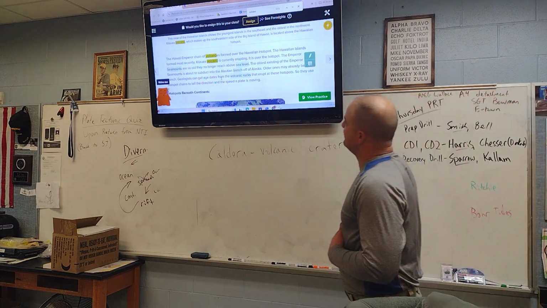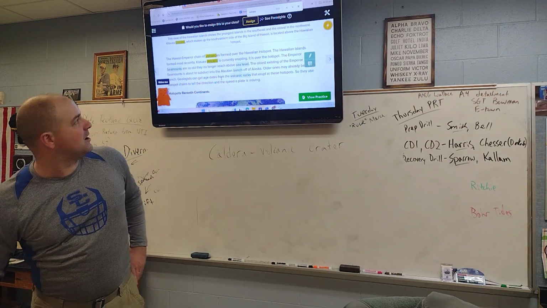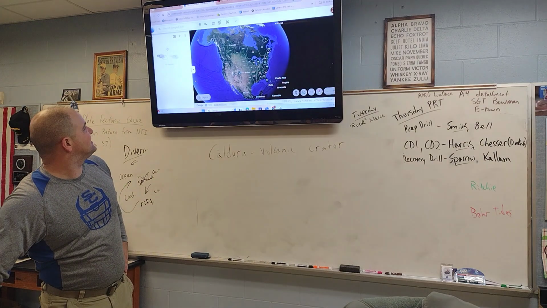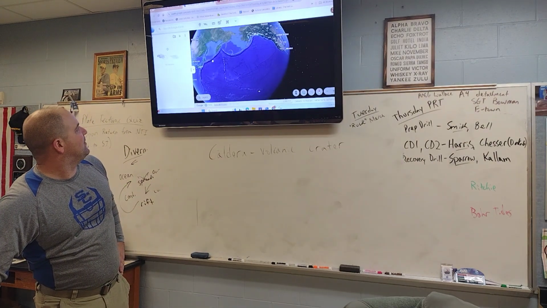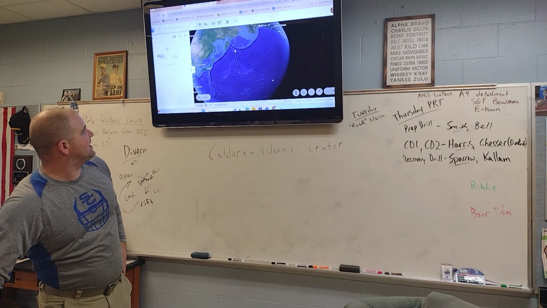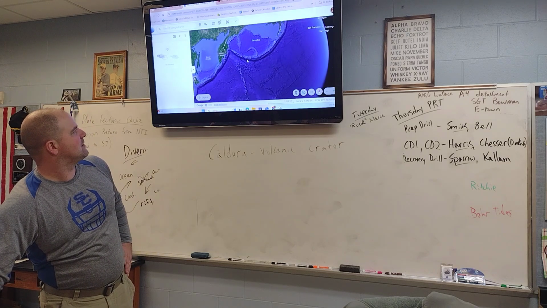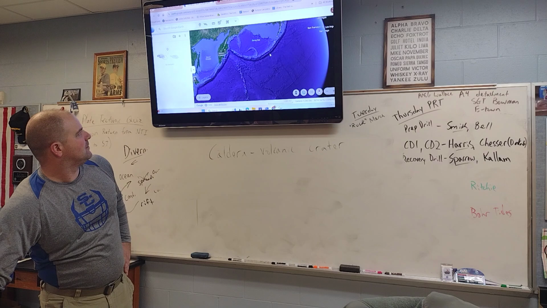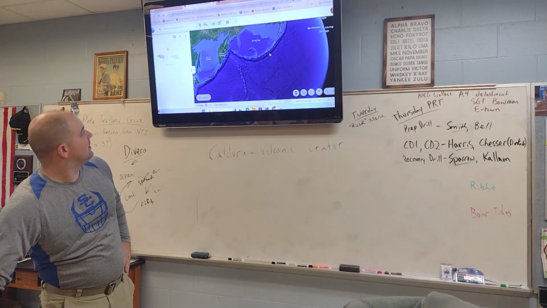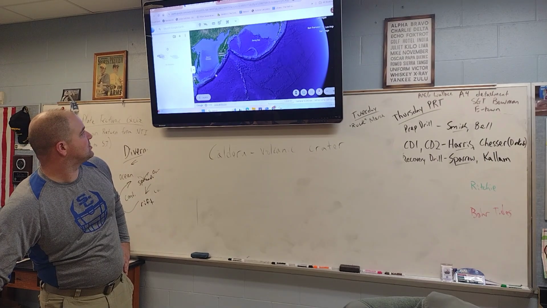The oldest existing seamounts are doing what now? They're, look, you trace them, they're going to this. What's this feature again? The darkest blue is the deepest water. So these are trenches.